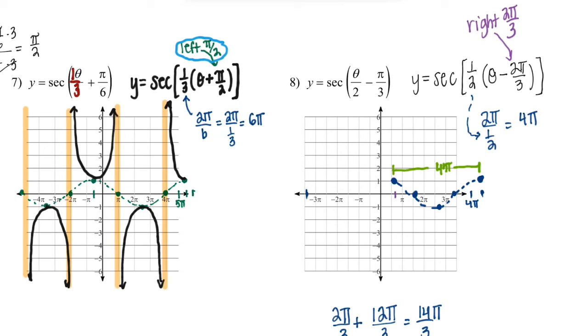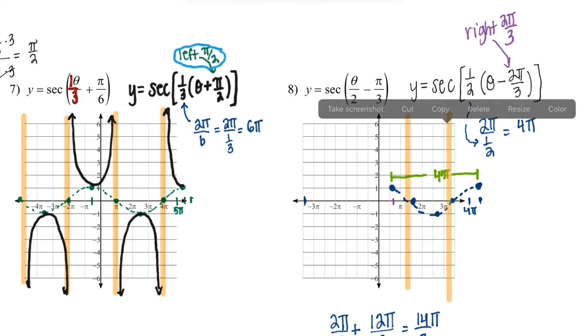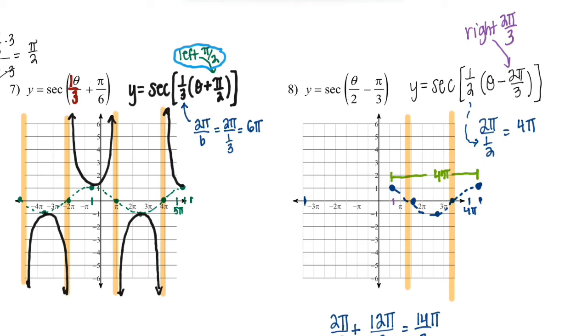And then we've got our vertical asymptotes for our secant graph, and they occur where the cosine graph crosses the midline. And then we've got u's opening up, and u's opening down, and then opening up.